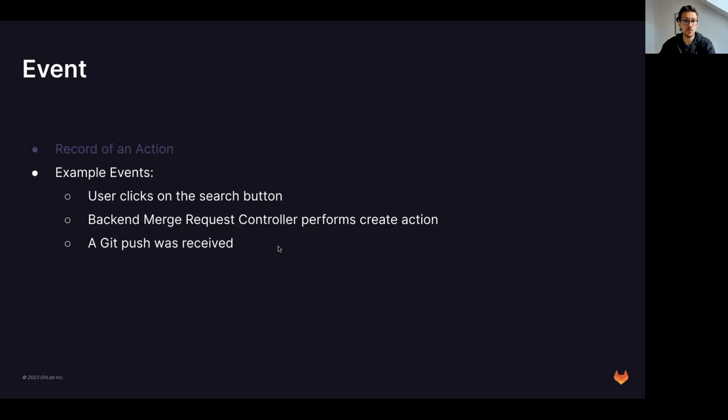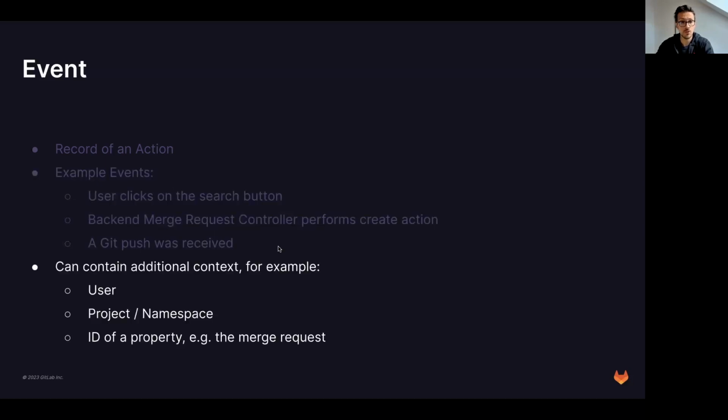So this additional context can be things like the user who performed an event, or the project or namespace a specific action was taken in, or also the ID of any other property that was part of the event. So for example, in the backend merge request controller example, it could be the ID of the merge request that we record as part of the event that's happened.